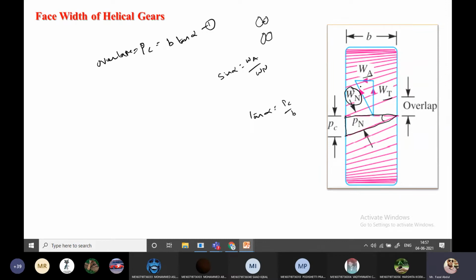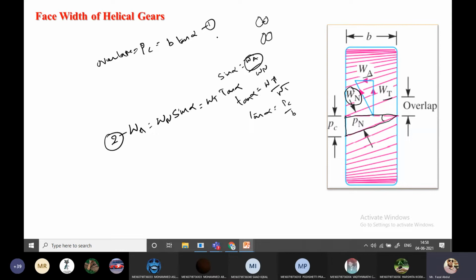By seeing this triangle, another equation we can have: tan alpha equals WA by WT. With these two equations, WA equals normal load into sin alpha, or else tangential load into tan alpha. So this is the second equation.